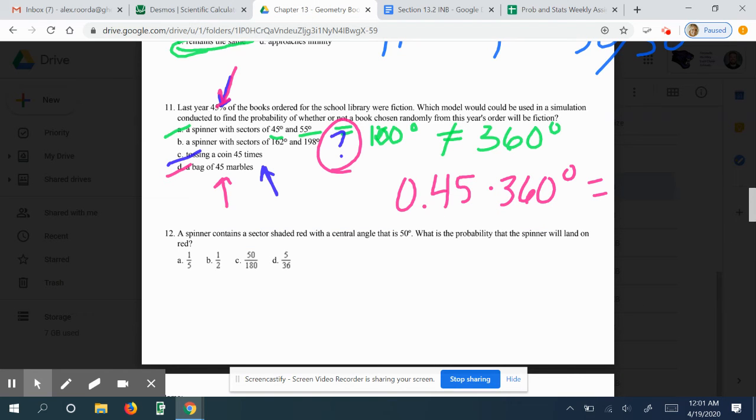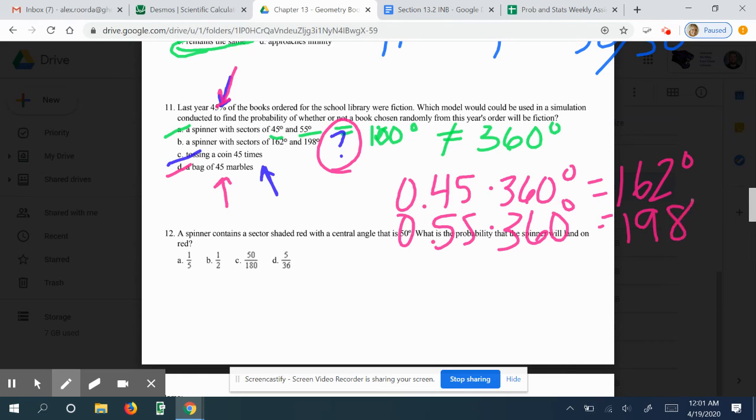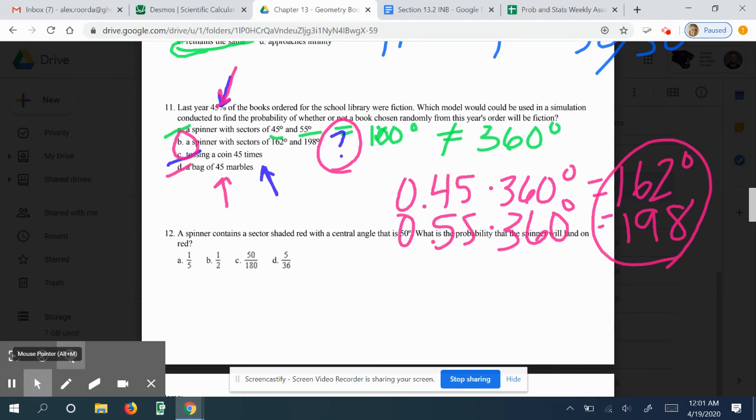You'll notice 162 degrees is right there. And I bet you can guess that 55% is the chance of the book not being fiction, and that's 198. Those are the two parts of the spinner that we would want. So the correct answer to 11 is B.